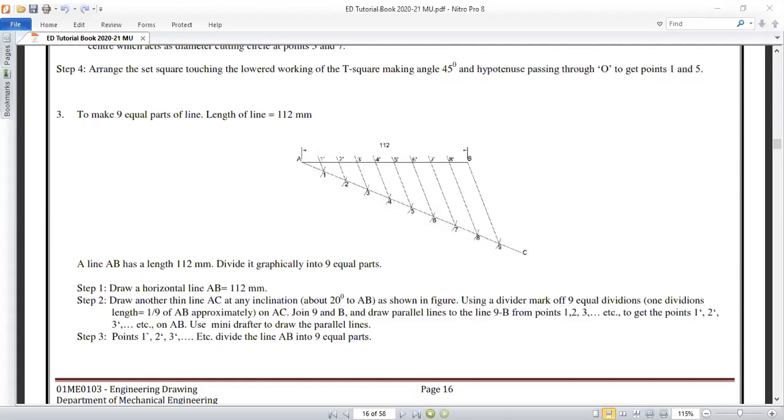try doing this and let me know in the chat box if you're done with this. Please do write yes if you are clear about this. I want the response from each and every participant. If you are clear up to this, please do write yes in the chat box.